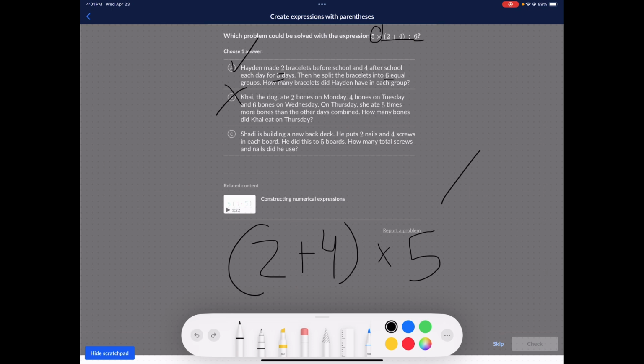If he had sliced it into 6 pieces, then that would be correct, but he didn't include the divided by 6. So it's not C either. A is our best answer here, because it includes all our elements with this expression. So we're going to guess A.